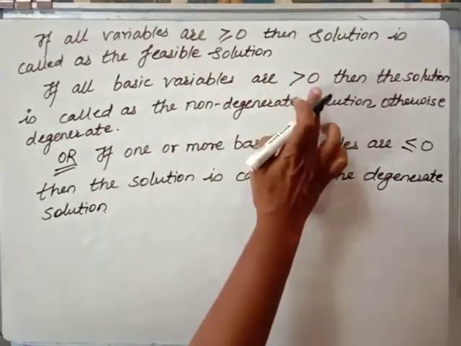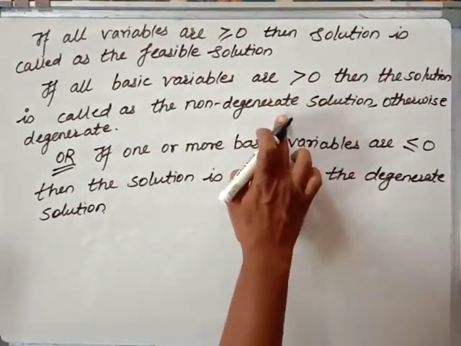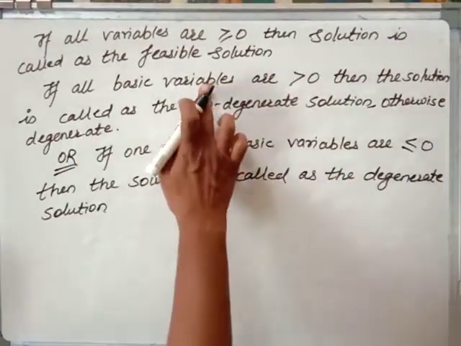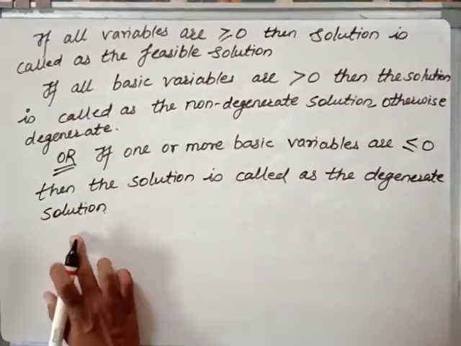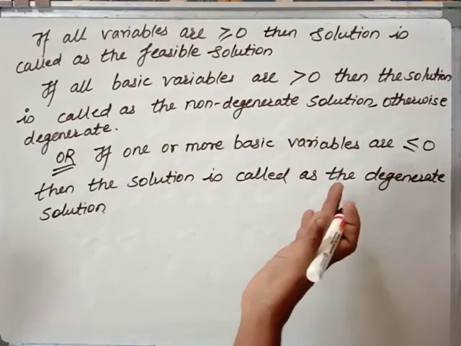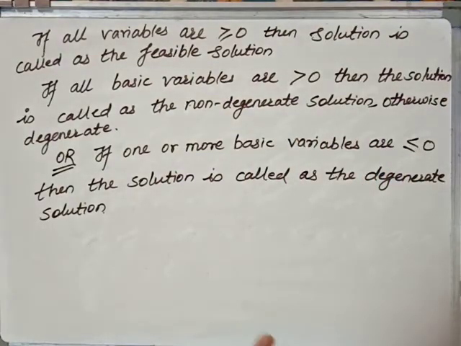If basic variables are positive, that is non-degenerate, otherwise degenerate. That is the same as if basic variables are less than or equal to 0, that solution is degenerate. If not, then it is non-degenerate.